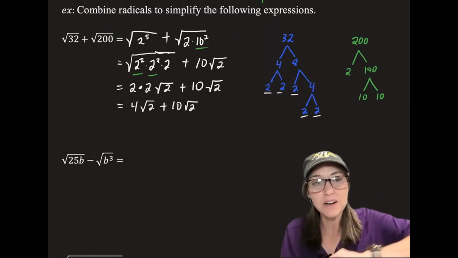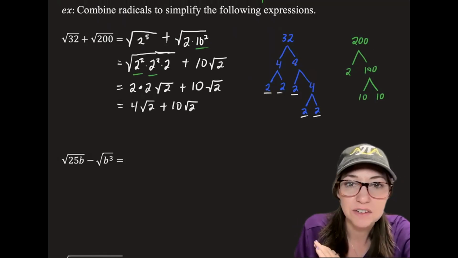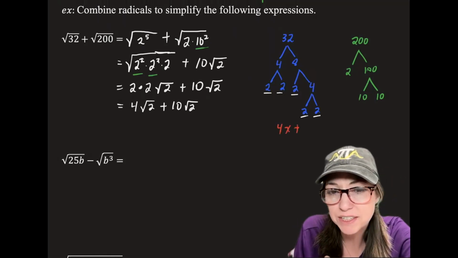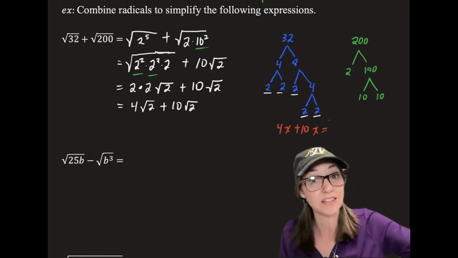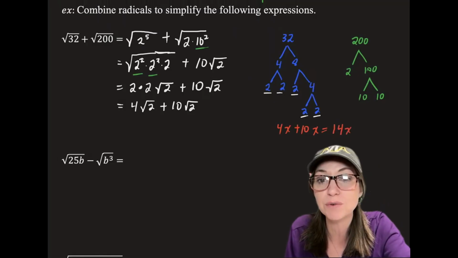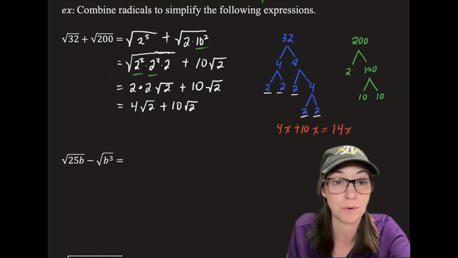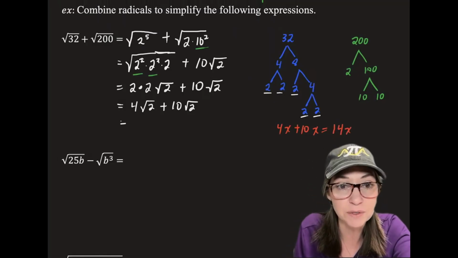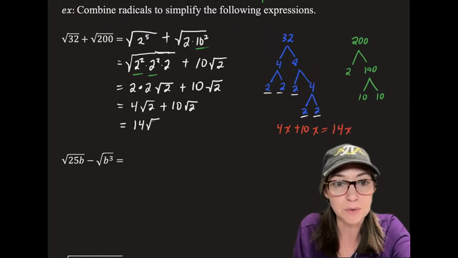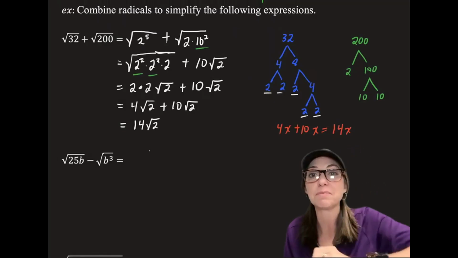And this is really no different than, let's just put it over here, 4x plus 10x. And I think most people would look at that and say, if you're in school, right, you'd say, oh, that's 14x, right? 4 root 2 plus 10 root 2 is really the same thing, where x is equal to root 2. So you're just going to add those leading coefficients. 4 plus 10 makes 14 times the square root of 2. And that is fully simplified and added.